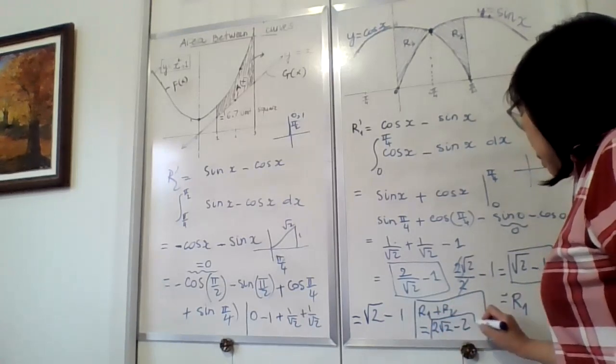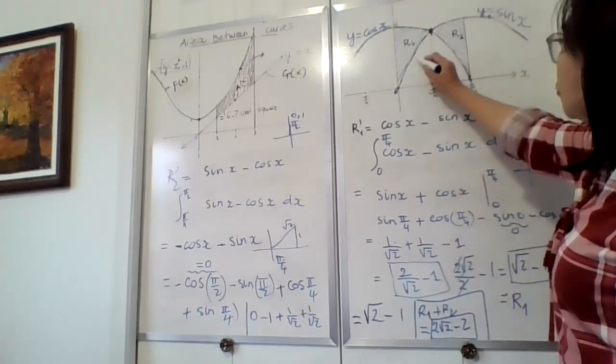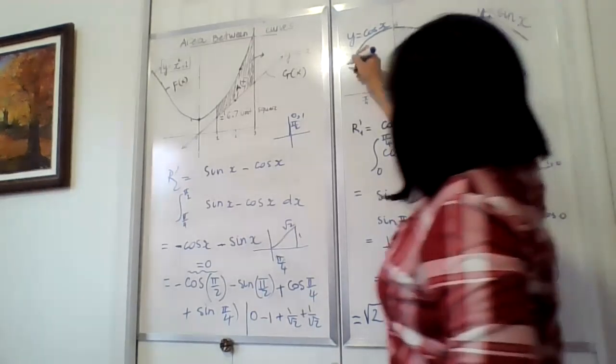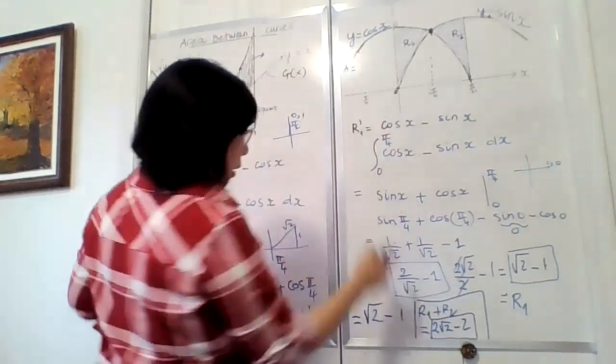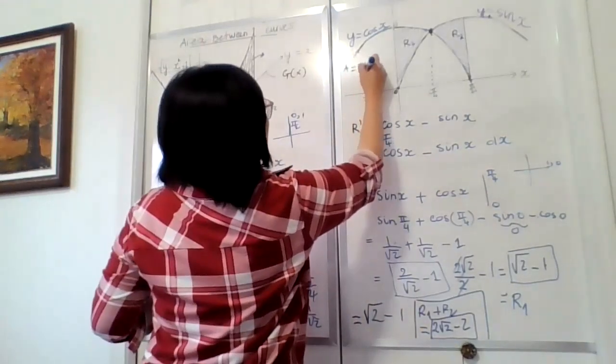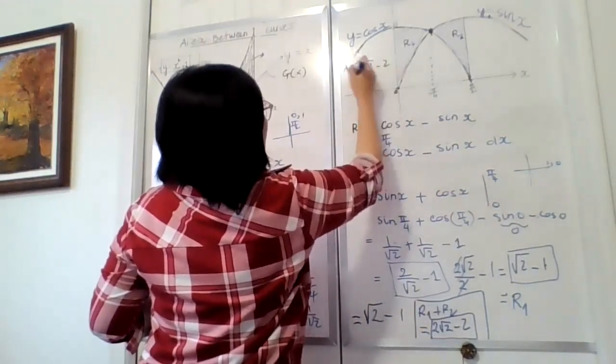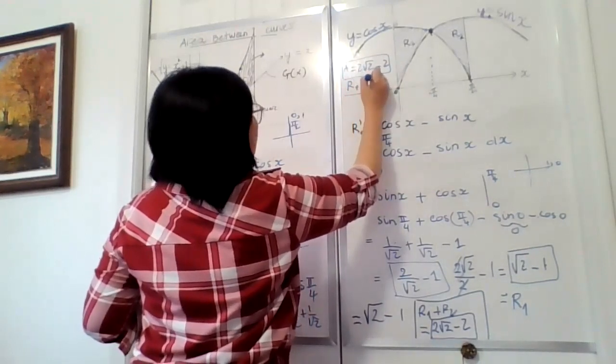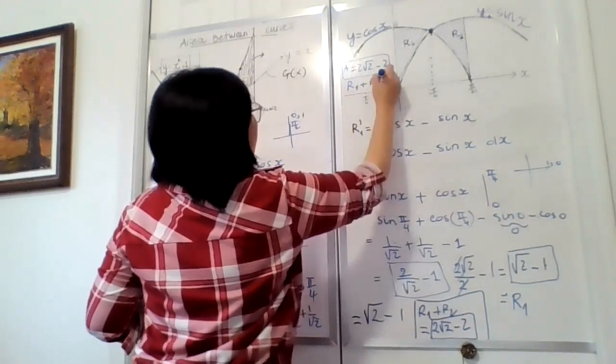So our final answer for these two regions is area equals 2 square root 2 minus 2.